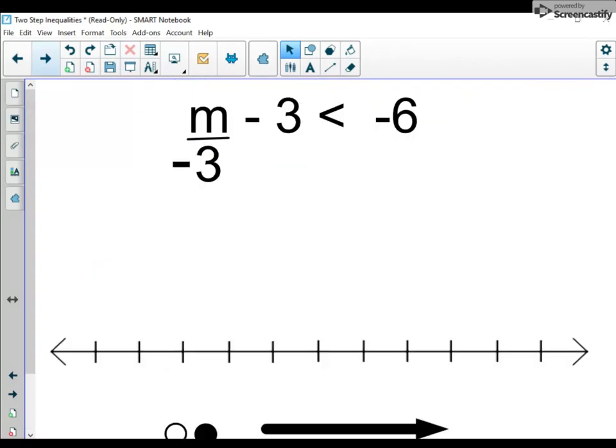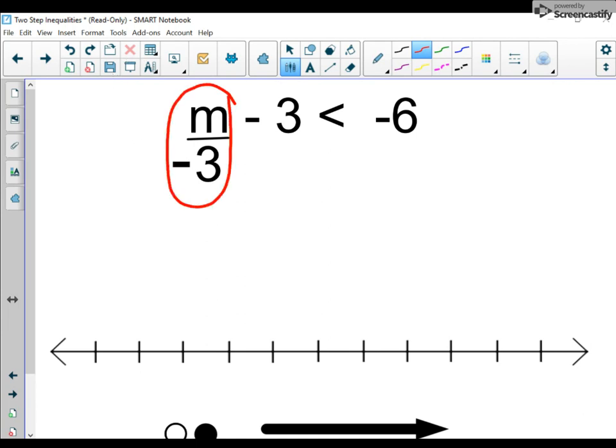All right. Here's where things start getting a little tricky and a little fun. Division's always fun. So again, we're trying to get the term with our variable by itself, which is m divided by negative 3. So minus 3 is in my way right now, so I'm going to add 3 to both sides. And here's where negatives come into play. So negative 3 plus 3 cancels out, and you're left with m divided by negative 3 is less than negative 6 plus 3.